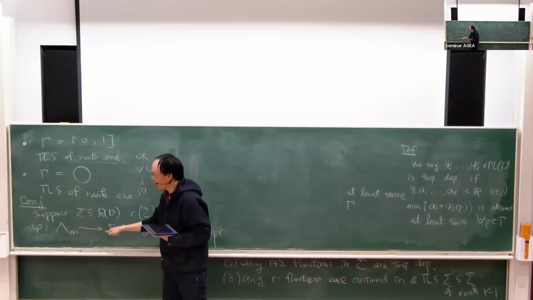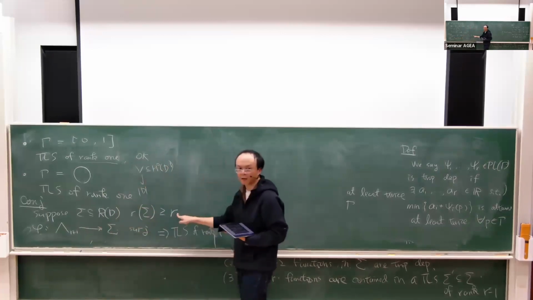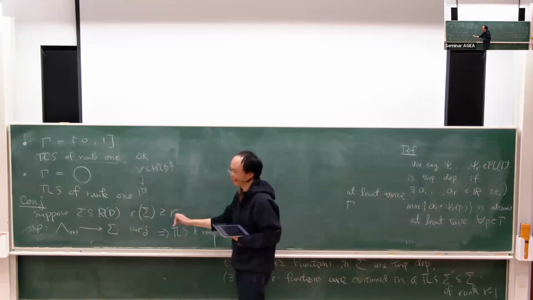If the image happens to have Beckner rank greater or equal to R, then we claim that it is actually a tropical linear series. That's the content of the conjecture. It's about how to produce a tropical linear series.